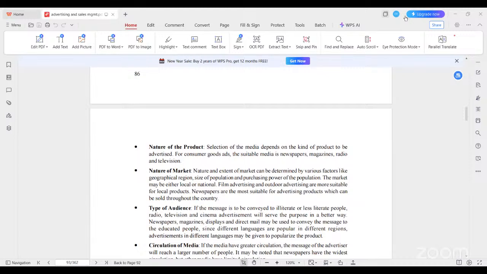Okay, so budget allocation: how much budget is required, how much budget the company is able to allocate for media planning, and considering factors like campaign goals, target audience, and market conditions are very important.